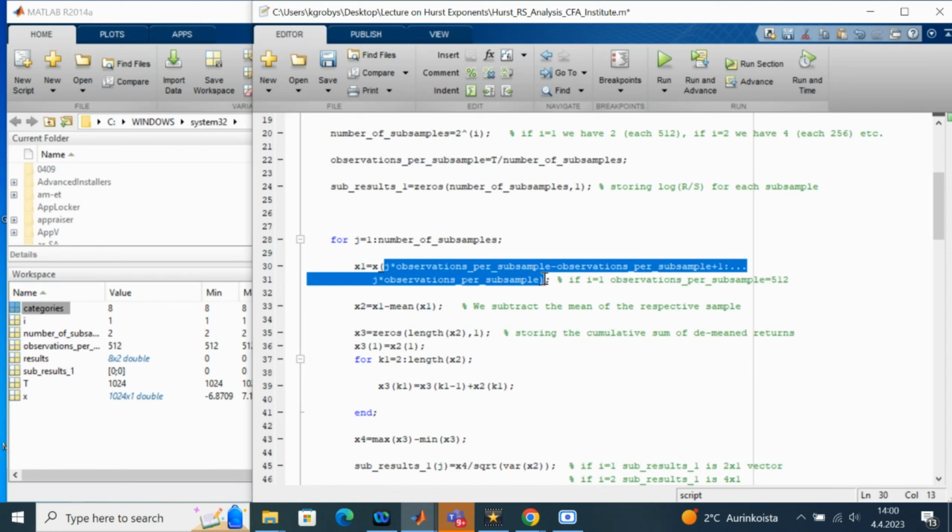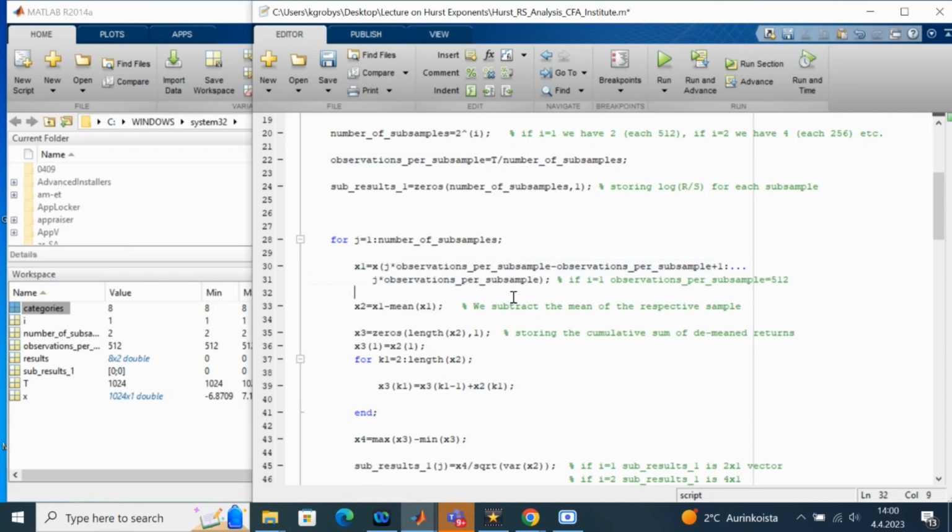the first 512 observations. Okay, so then we define a second vector, and recall we are still in this for loop, when j is 1. We define a second vector x2, and what should it be? It's the subvector x1 minus the mean of x1. So this is our demeaned vector of observations for the first cluster of data.